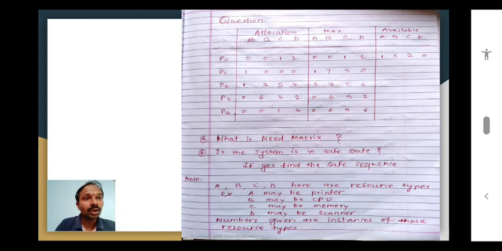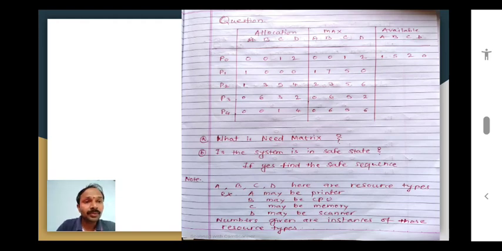Then there is a max array, as we have discussed. The numbers for the max array are mentioned over here. The availability for process P0 for ABCD is given, and we are supposed to find out the availability for the other processes. In the exam, the questions come like: what is the need matrix?